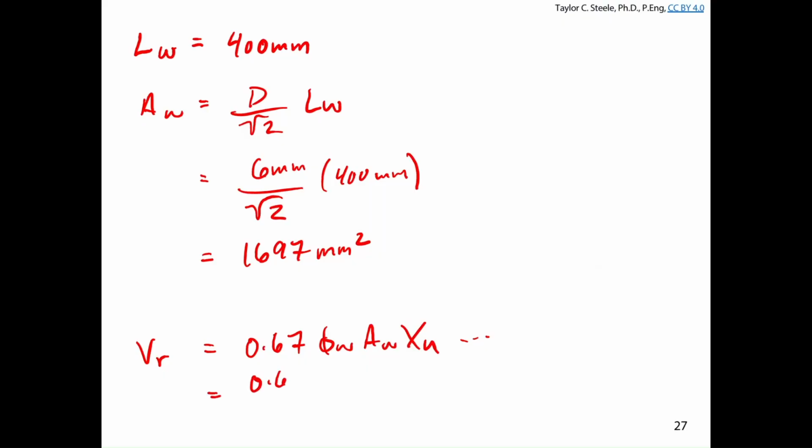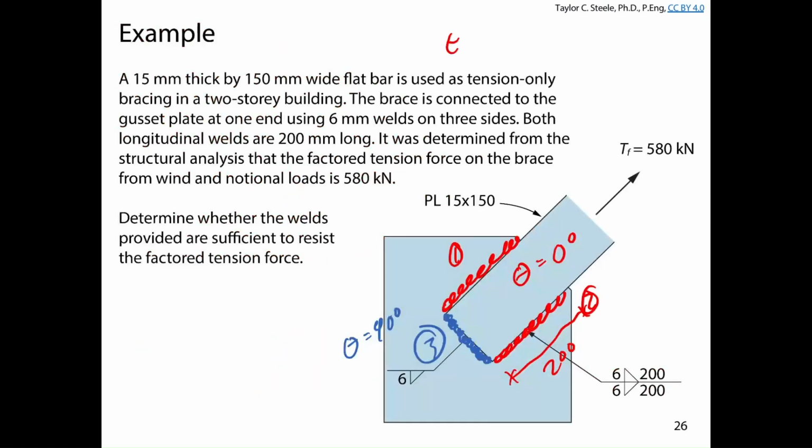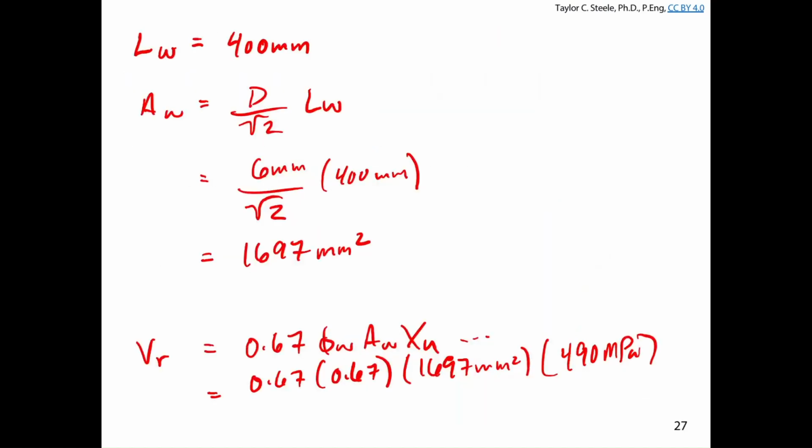So we'll have 0.67. Don't confuse that with the resistance factor, which is also 0.67, times 1697 millimeters squared, times 490 MPa. I guess I didn't denote these are E49XX welds, but we get 490 megapascals. The strength of this weld all by itself is 373 kilonewtons.